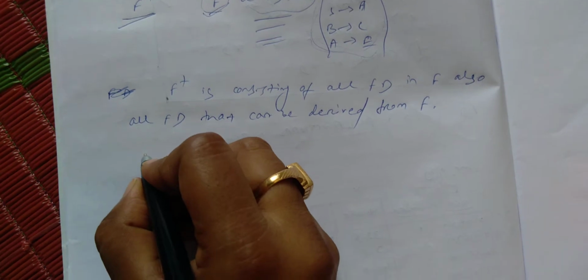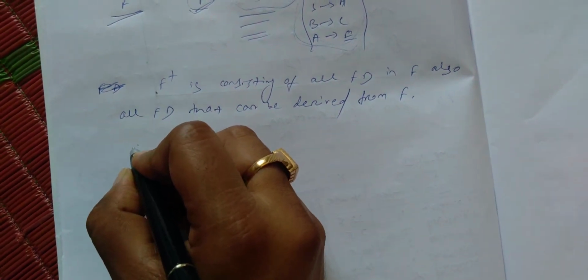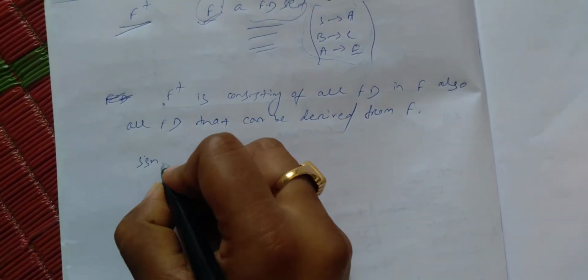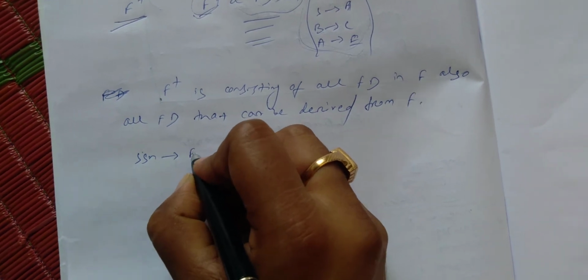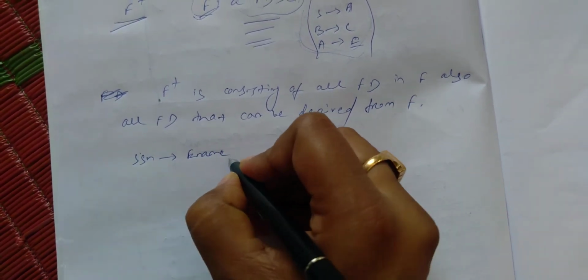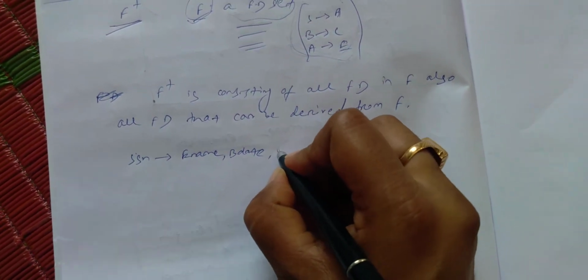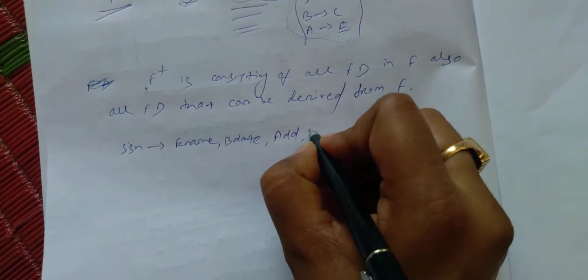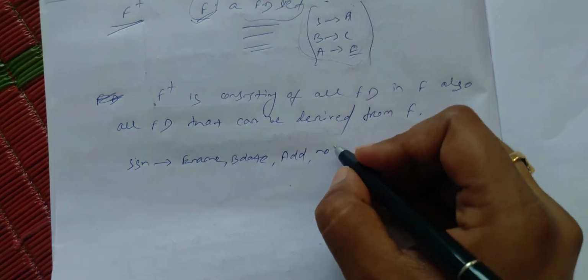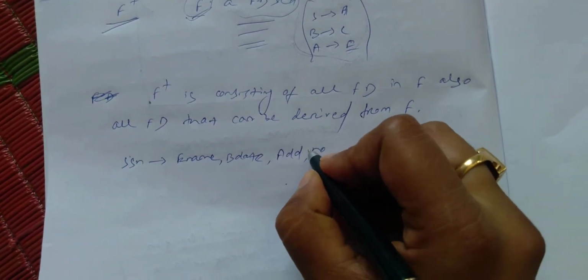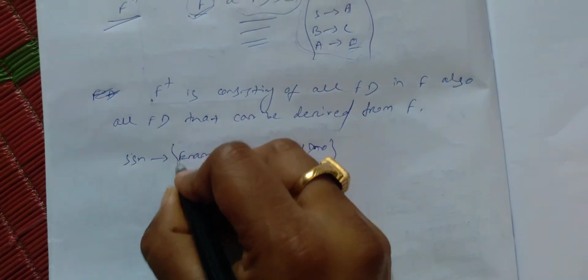Let me say one example. A functional dependency set is like this: SSN determines ename, date, address, department number.